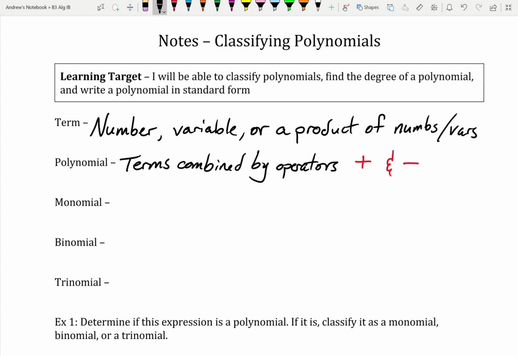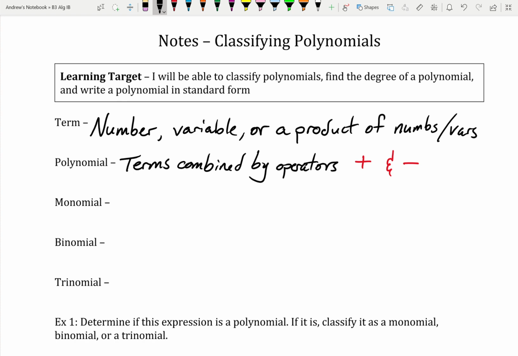If you have pieces that are being multiplied together, that's not technically a polynomial in that state. We can change it into something that's a polynomial in some ways, and we'll take a look at that later on in this unit. But for right now, we're just focused on adding or subtracting these big chunky pieces we call terms.